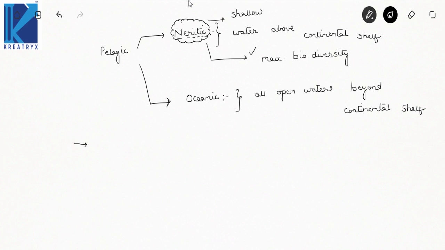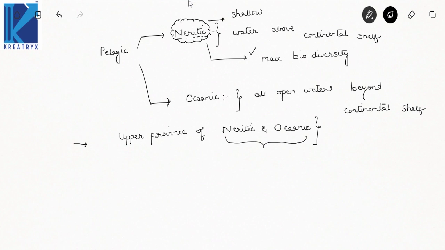The upper part of both neritic and oceanic waters is called the epipelagic zone.